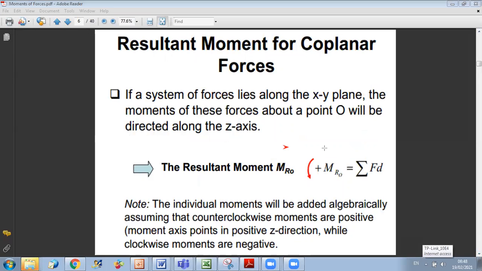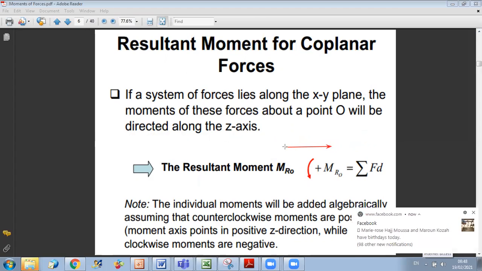Okay, look. If you have forces like this, and let's say a force tends to rotate in this direction. So let's say this is your force, and this is point O. This is the perpendicular. What is the technique of the right hand rule?